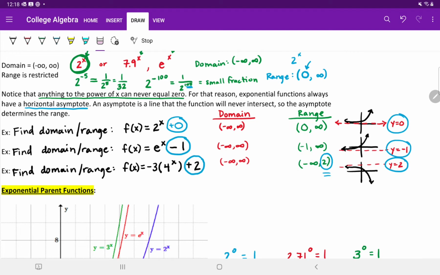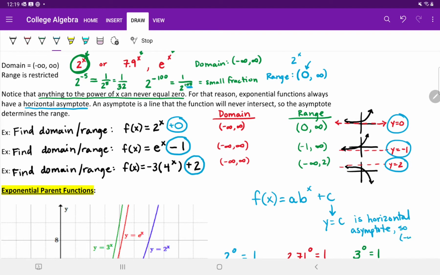So if you have an exponential written in the form f of x equals ab to the x plus c, c is going to be your horizontal asymptote, which also in turn informs your range.